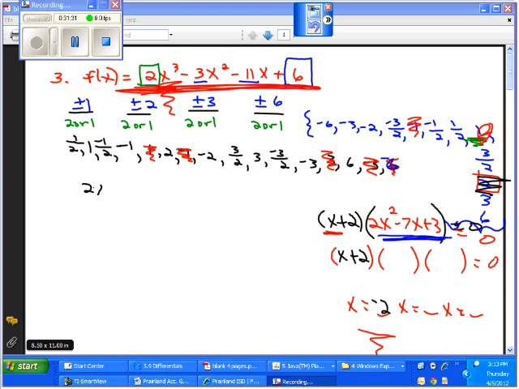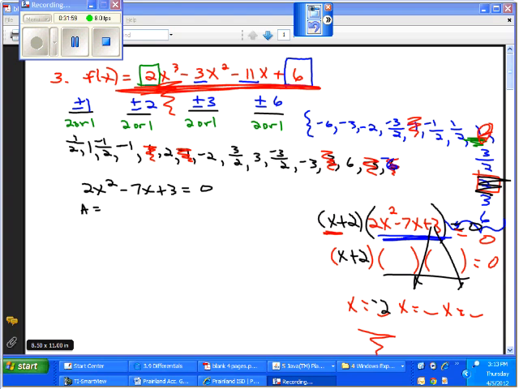So let's take a look at that. What we have now to solve is 2x squared minus 7x plus 3 equals 0. We could try to use the AC method and get factors, or use the quadratic formula and skip the factors and go straight to the roots, correct? Straight to the zeros and skip the factors.